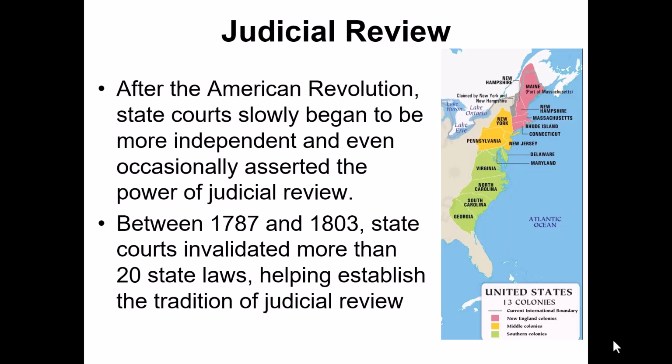However, after the American Revolution, when the colonies gained their independence and we started to form our great nation, the state courts slowly began to be more independent and even occasionally asserted the power of judicial review. And between 1787 and 1803, the historical records suggest that state courts invalidated more than 20 state laws, helping establish the tradition of judicial review.